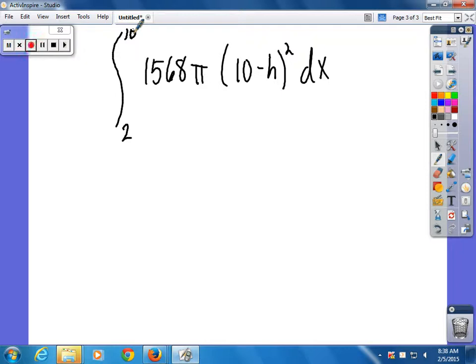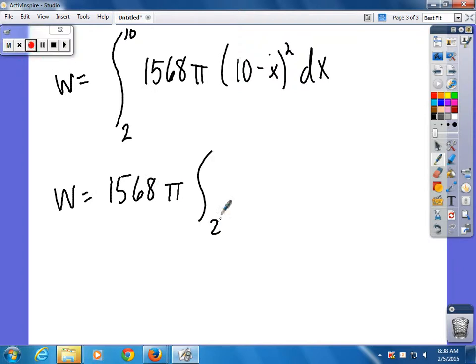And I'm just going to make this an x. You can make this dh if you want to, or you make this x. I don't care. Make that x. Now you're ready to start. Pull out 1568 pi. Antiderivative from 2 to 10 of 10 minus x quantity squared dx.